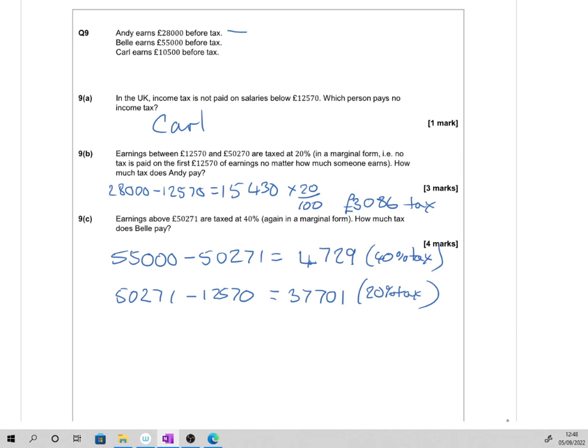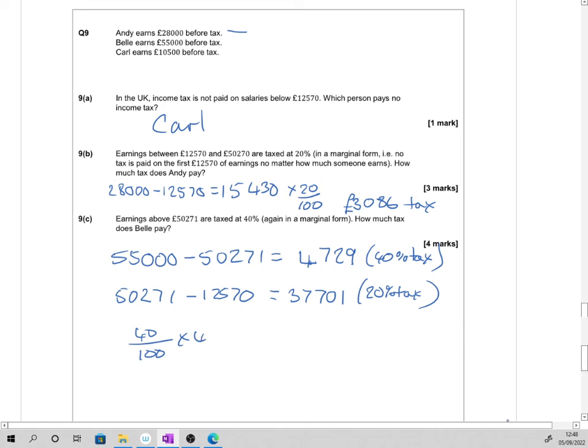So altogether we're going to pay 40% of 4,729 and 20% of 37,701.